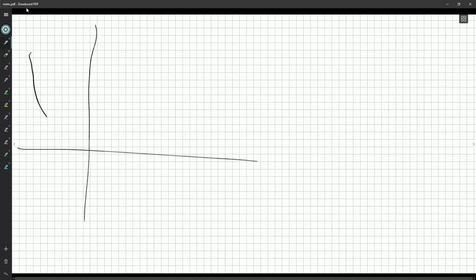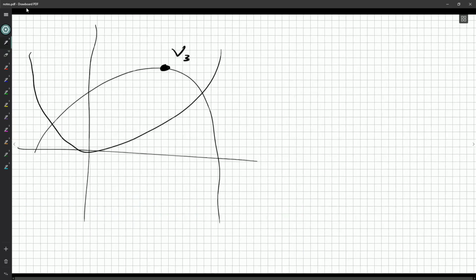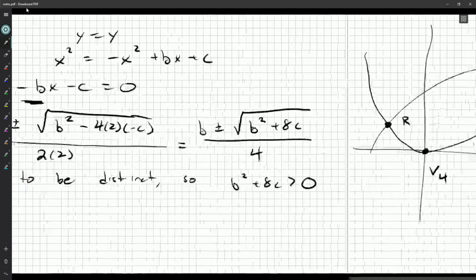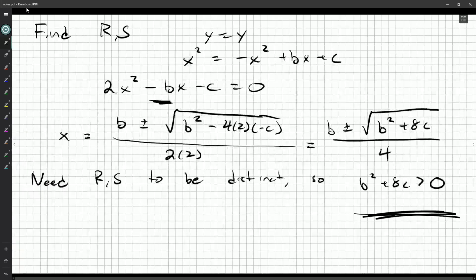So maybe, if I draw a picture, I should have something like this, and then the other parabola comes around like this. So there's the one vertex, call it V3, and then there's our origin, we'll call that V4. Now, in order for R and S to be distinct, we do need solutions to the intersection, and that's fine. That's satisfied by this.